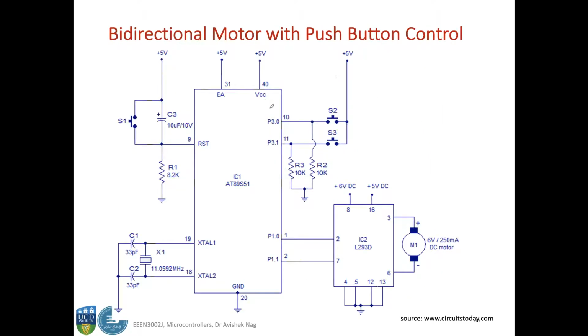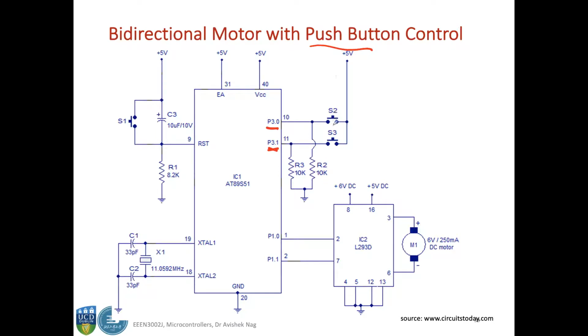You can also have a little more sophisticated arrangement, like a bidirectional motor with push button control. In such a case, you can use port 3 of the microcontroller for some input switches, 3.0 and 3.1 in particular.